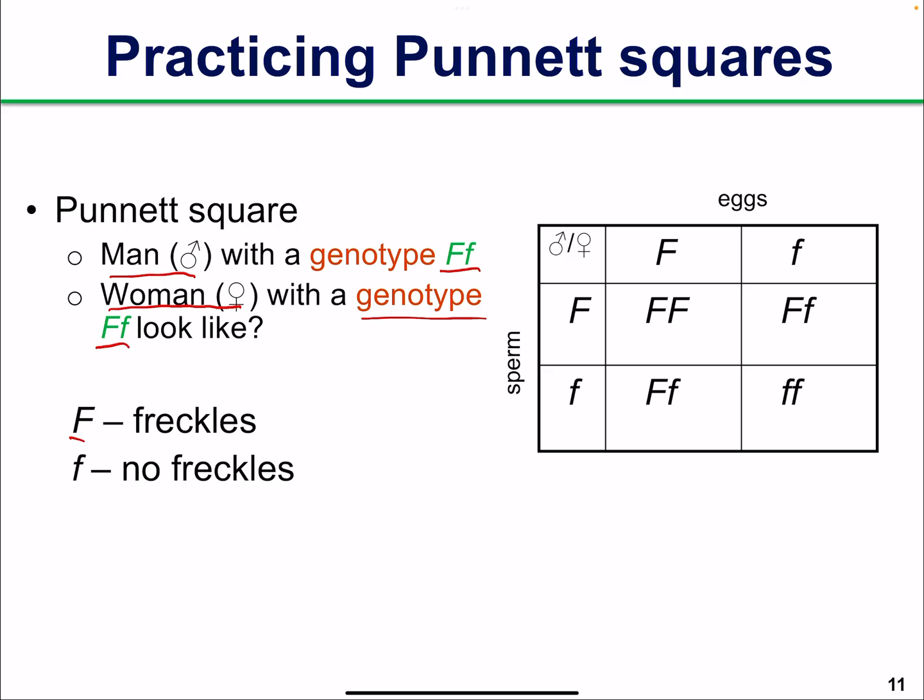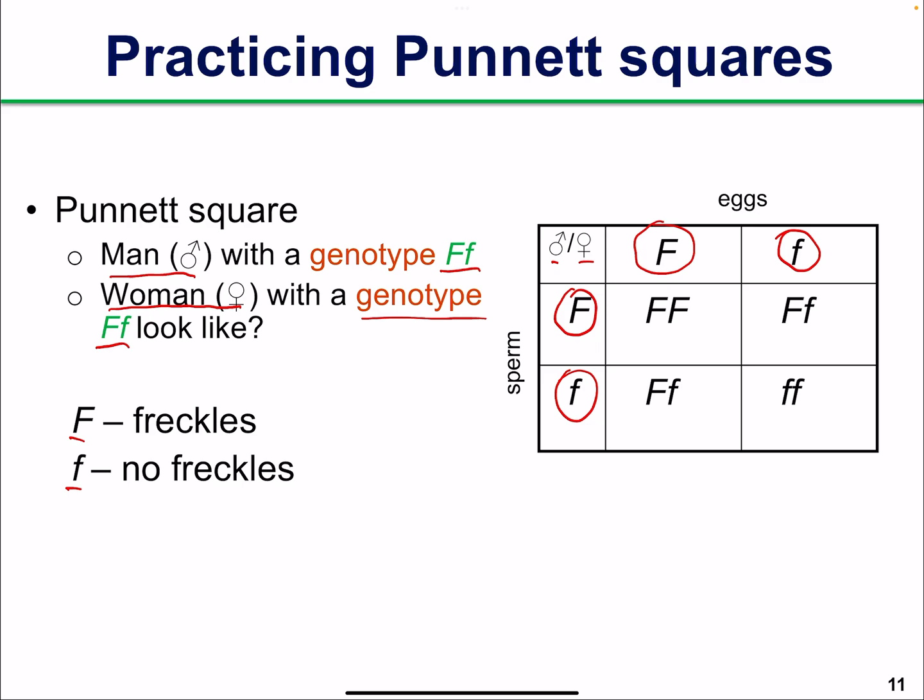Capital F is responsible for the presence of freckles, lowercase f, no freckles. So we have dad and we have mom. Mom would produce what kind of eggs? Eggs with capital F and eggs with lowercase f. Dad would produce what kind of sperms? Sperms with capital F and sperms with lowercase f, right?